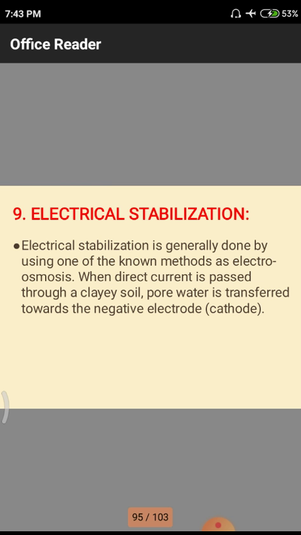After this chemical stabilization we have fly ash stabilization. In fly ash stabilization, it is totally thermal power plant waste. This thermal power plant waste we are obtaining day by day in huge quantity, so we simply use this thermal power plant waste, or fly ash, as a binding material to improve the strength properties of the soil.